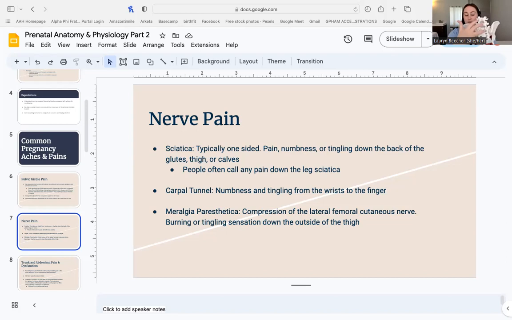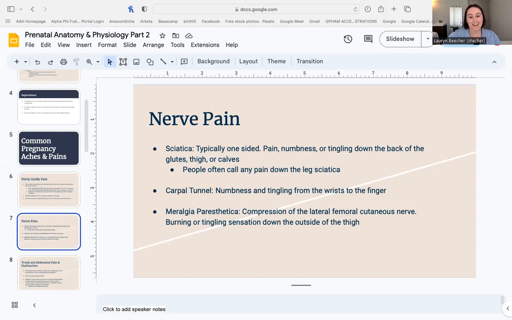Those individual nerves, they all come together to create this little bundle that is the sciatic nerve. That sciatic nerve runs through the glute area, underneath the butt bone or the sit bone, and then down the back of the leg.